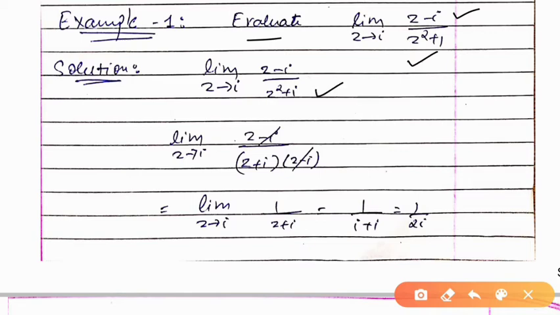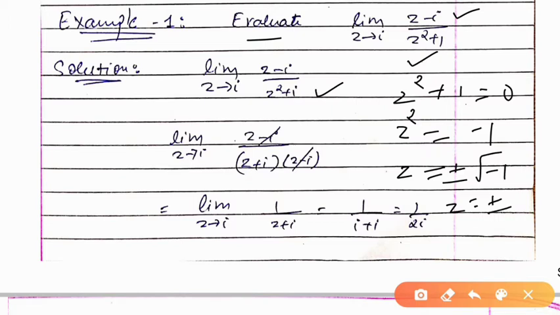Okay, so first let me make you understand how to split this z square plus 1. See, first equate it equal to 0. Now z square can be written as minus 1. Now z will be equal to plus or minus root of minus 1. We know that root of minus 1 is i.